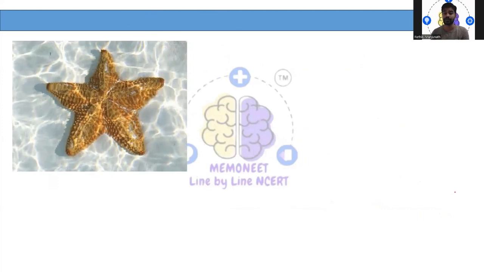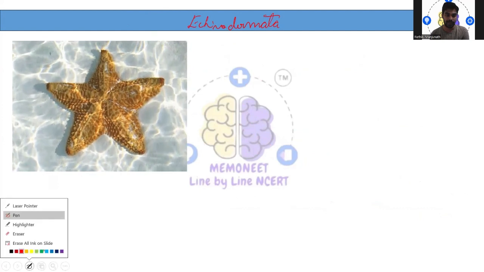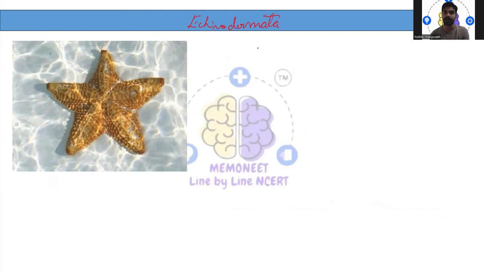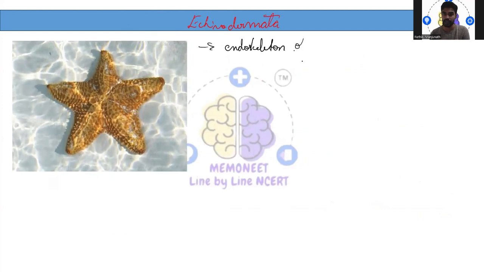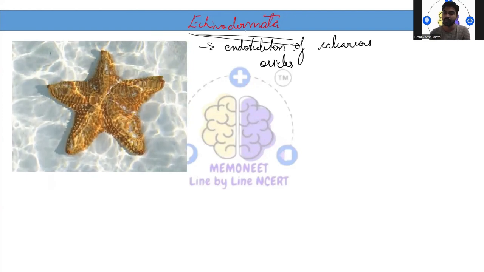Next we have the phylum Echinodermata. They are again marine basically, and they have an endoskeleton of calcareous ossicles, and hence they are called Echinodermata.